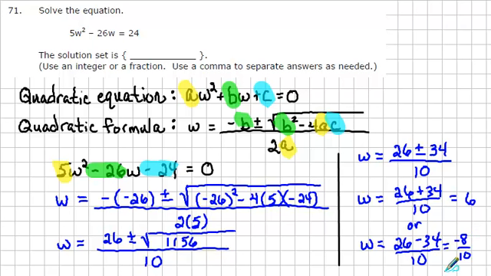But negative 8 over 10 reduces to negative 4 over 5. So the solution set consists of two different numbers. One of the solutions is negative 4 over 5. The other solution is 6.